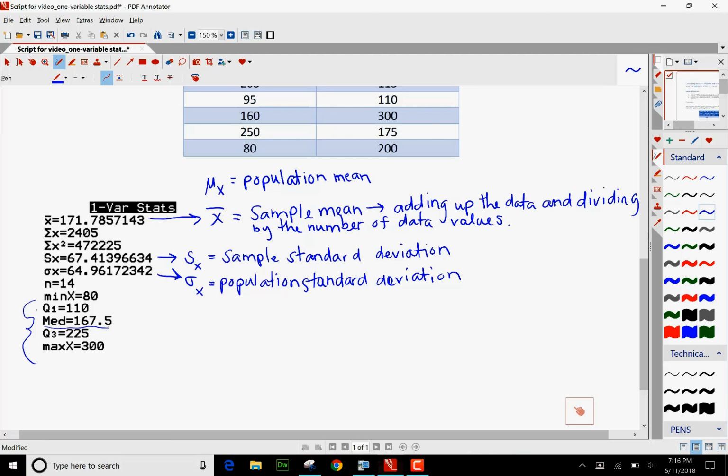And at the end of the day, our measure of center that we have from the graphing calculator is the x bar, which is the arithmetic mean.